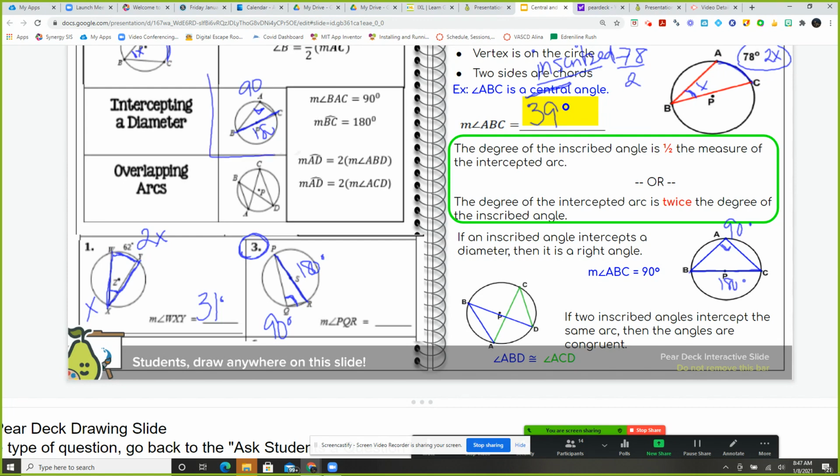So these 1, 2, and 3 are special cases. There's still those inscribed arcs. It's just that when there's a semicircle, it's 180. So we know 100% that that third angle is going to be a right angle. Okay.